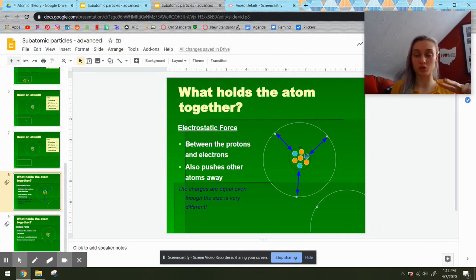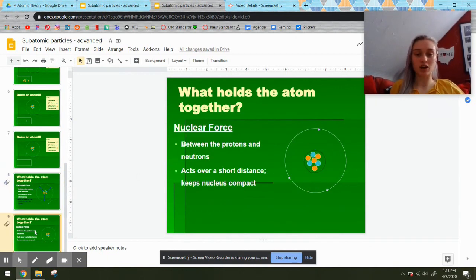Same with the neutrons, which is also 1. But the size of the particle doesn't have anything to do with the charge on it. This is -1, and the protons are +1. Okay? And so you need to know that this electrostatic force pushes the electrons so they're as far away from each other as they possibly can be, but it keeps the electrons as close to the nucleus as it can.